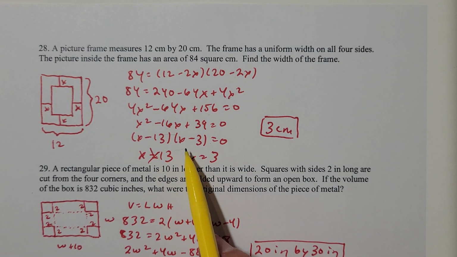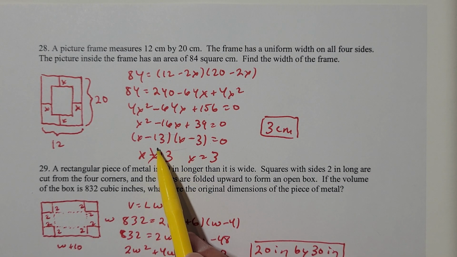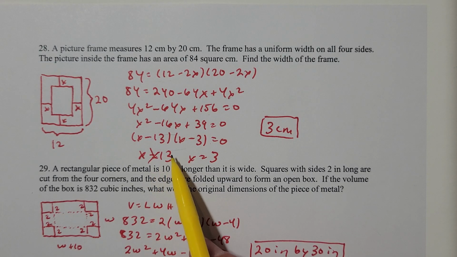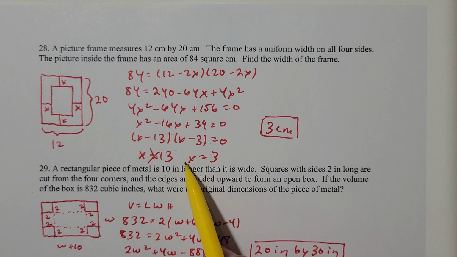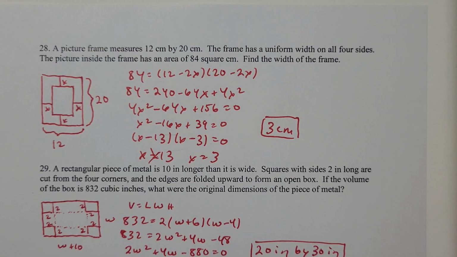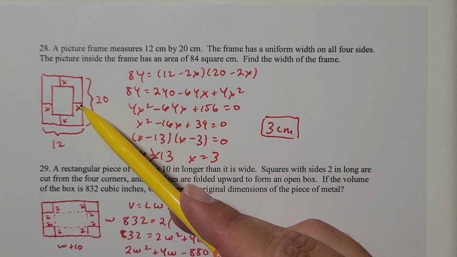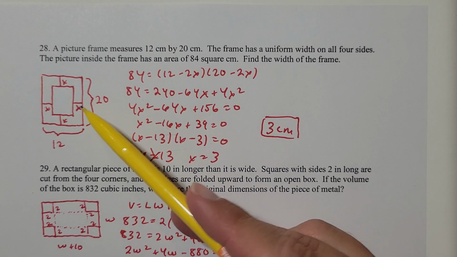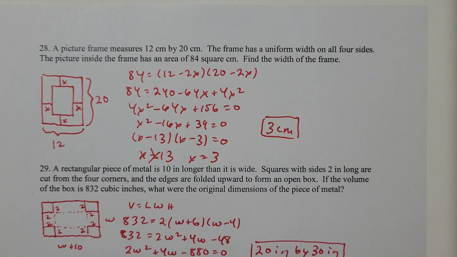If I set each factor equal to 0, x minus 13 equals 0 means that x is 13, and x minus 3 equals 0 means that x is 3. Now x is the width of the picture frame, and that can only be one number.